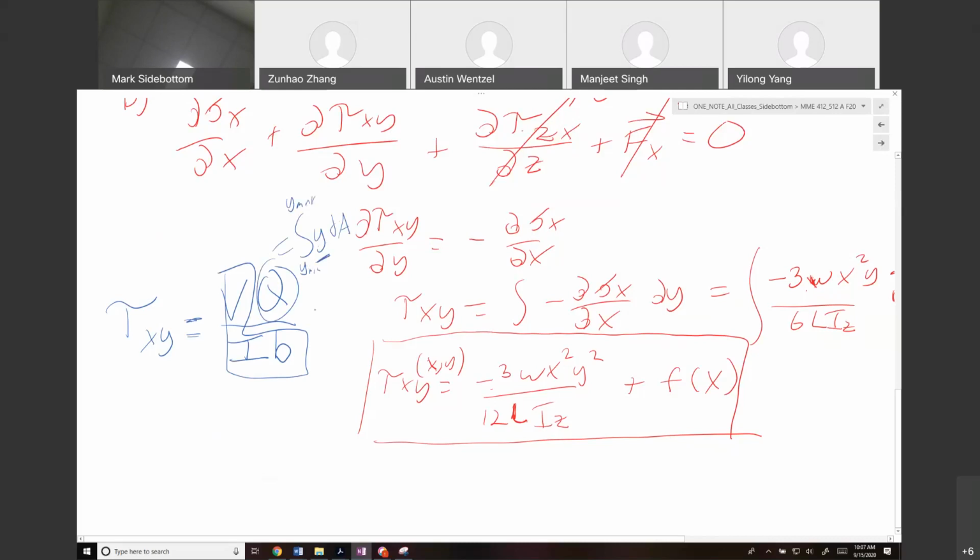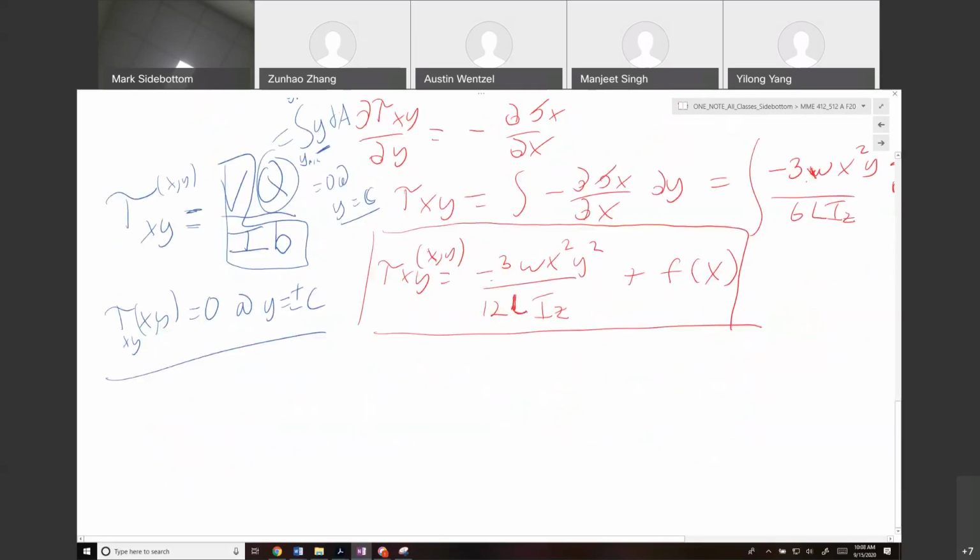So this term Q is equal to 0 at y equal to c. So basically tau xy is equal to 0 at y equal to plus or minus c. That's the term we're going to use. That was listed in, I think, lecture 7. There's a section that talks about the different boundary conditions that are common in these problems. So please have that reference nearby so you know what boundary conditions you could use.